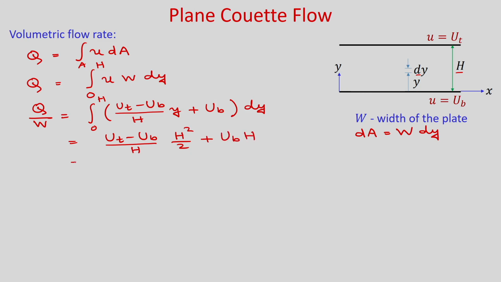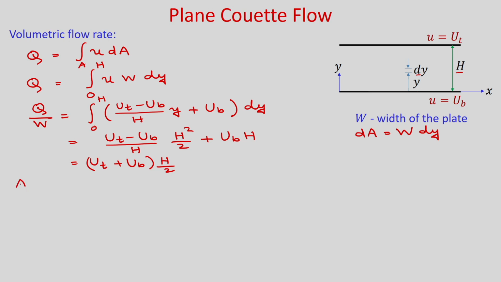You can see Q by W will be u t minus u b times h by 2, because h square by h is h by 2, minus u b h by 2, plus u b h. So, you will get u t plus u b times h by 2.